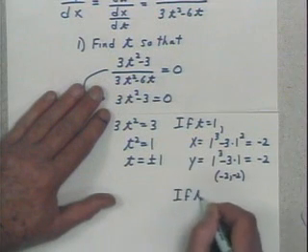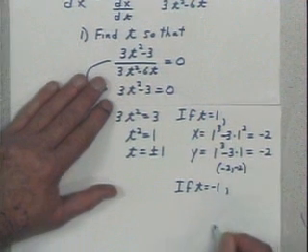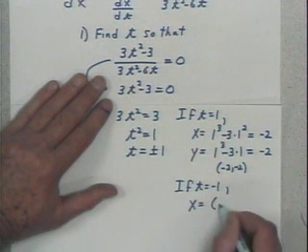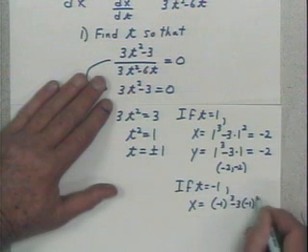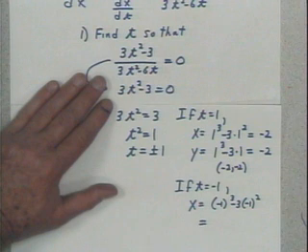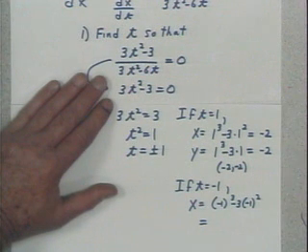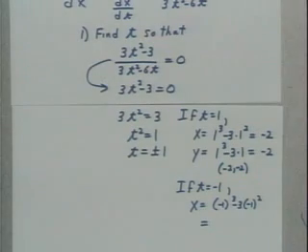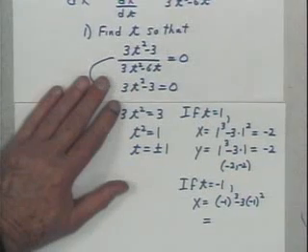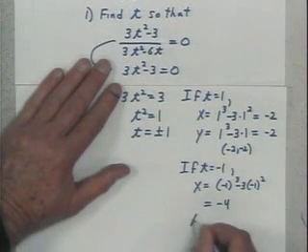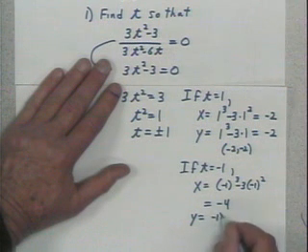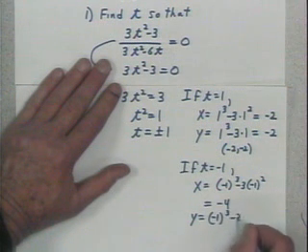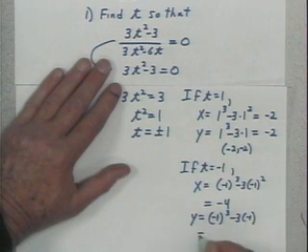Secondly, if t equals minus 1, x is going to be negative 1 cubed minus 3 times negative 1 squared. What is that? Minus 4. Okay. And y at the same time is going to be minus 1 cubed minus 3 times minus 1. What's that?